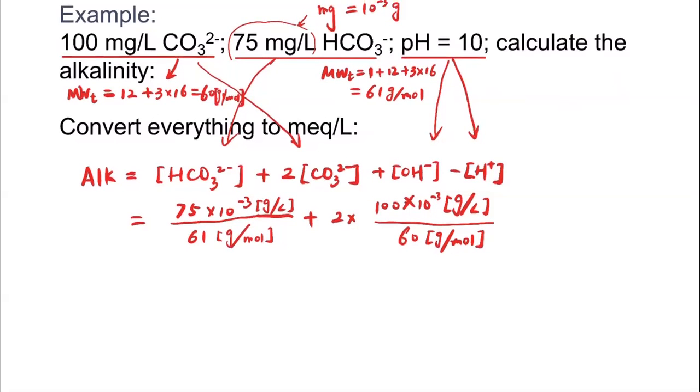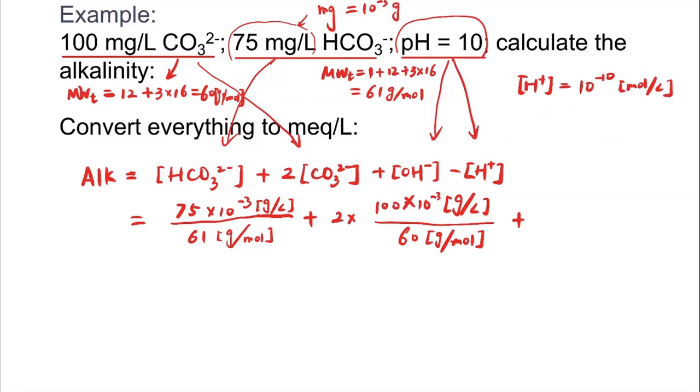And don't forget these two extra terms, the OH ion and the hydrogen ion. So how do we solve that? We have the pH, right? The pH equal to 12 means that the hydrogen ion concentration is equal to basically 10 to the negative 10 mole per liter.